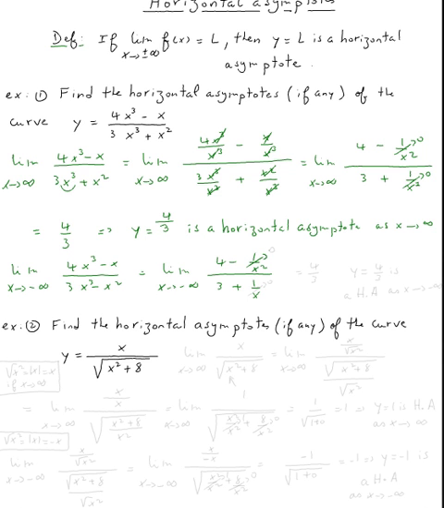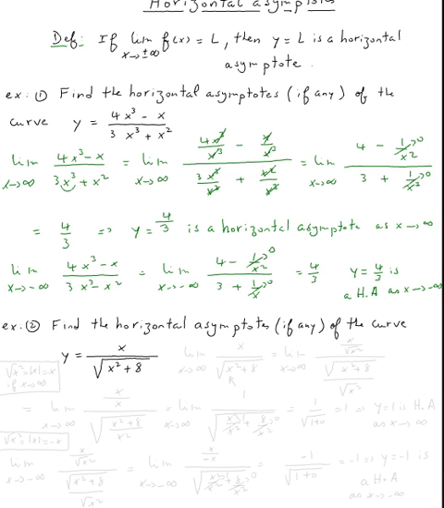This goes to 0, this goes to 0, therefore we get 4 over 3. So even as x approaches negative infinity, we have the same horizontal asymptote, y equals 4 over 3. It's the same asymptote from both sides, the right side of the graph or the left side of the graph.